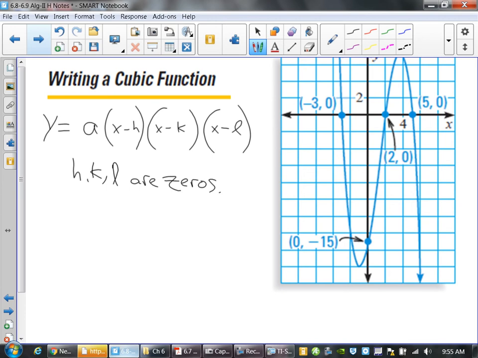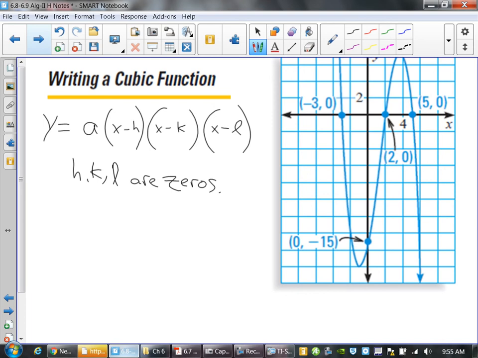You can use any letters you want. What's happening here is we're going to be able to write the function if I know the 3 zeros and I know one other ordered pair.